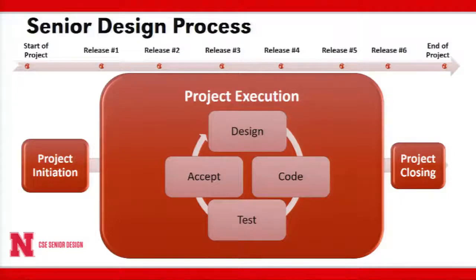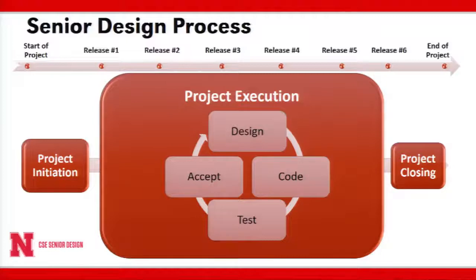That's that initiation piece. Then we spend a lot of time in the execution, that is iterating through delivery of parts of the solution. So producing value that the sponsor wants or can have through iterations. And then we do a short closing at the end.